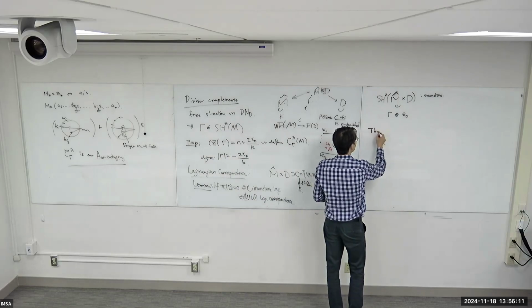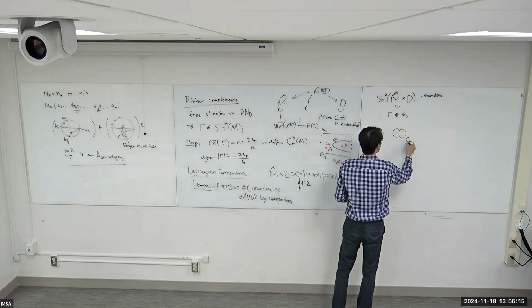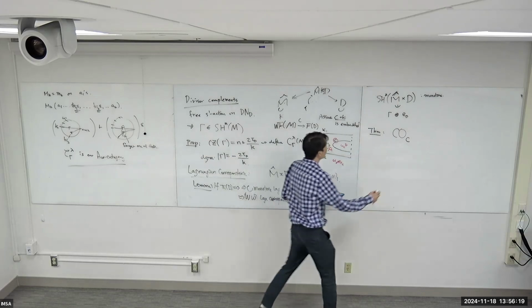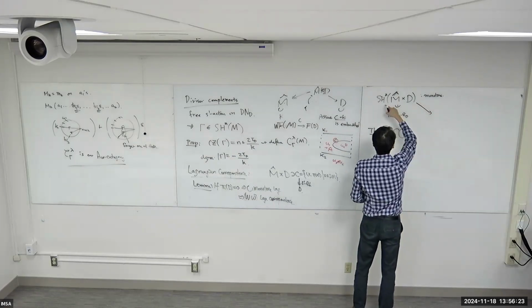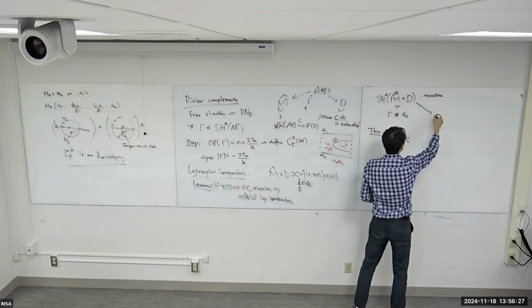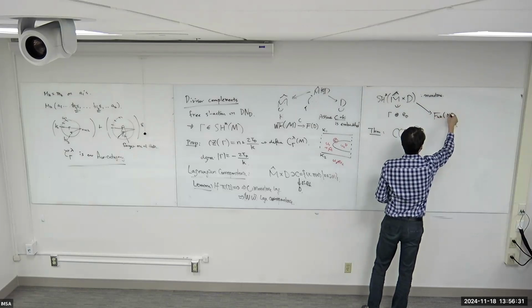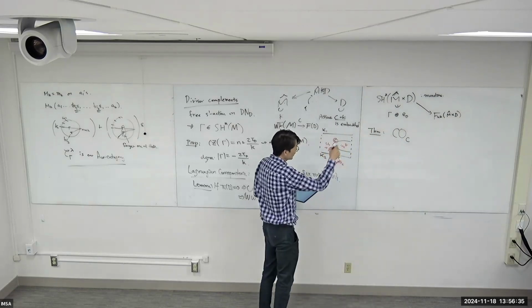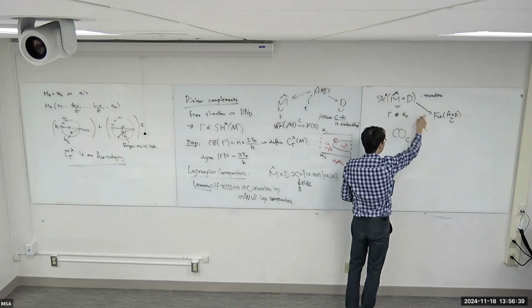Then the first theorem is that the closed open map should be taking an element here and sending it to the Fukaya category of M check plus D. And C is a Lagrangian here, so there is a closed open map from here to here.